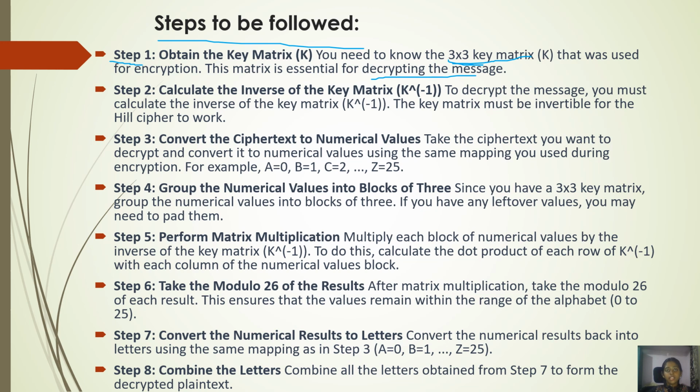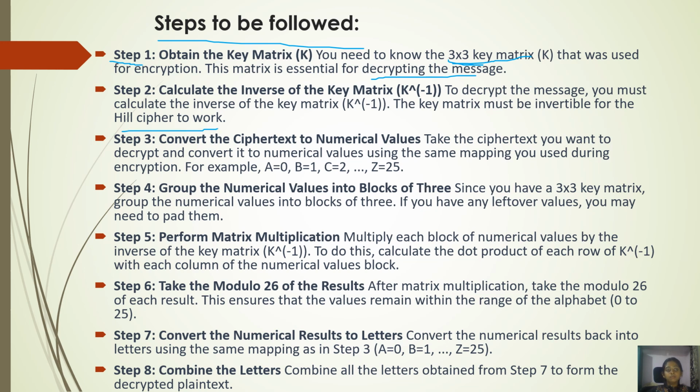Step 2: calculate the inverse of the key matrix, that is K to the power minus 1. To decrypt the message, you must calculate the inverse of the key matrix. The key matrix must be invertible for the Hill cipher to work.